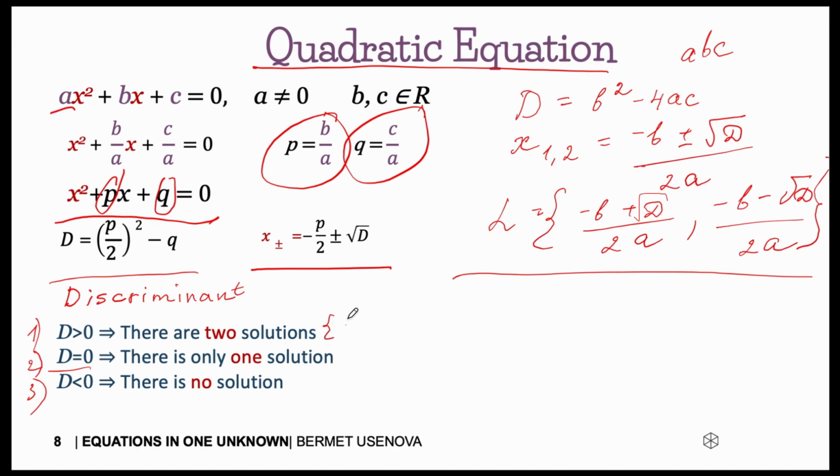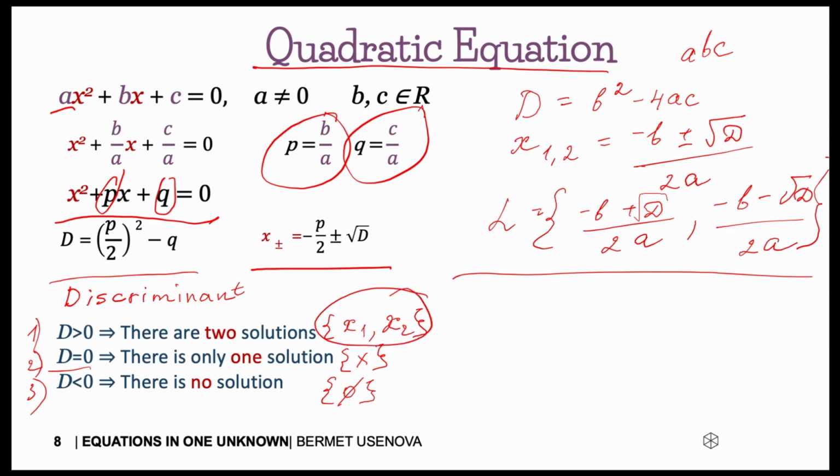Here you will have x1 and x2, and here you will have x1 or just x. And if the discriminant is smaller than 0, then there is no solution and the solution set is empty. So you can see that a quadratic equation can have at most two real solutions.